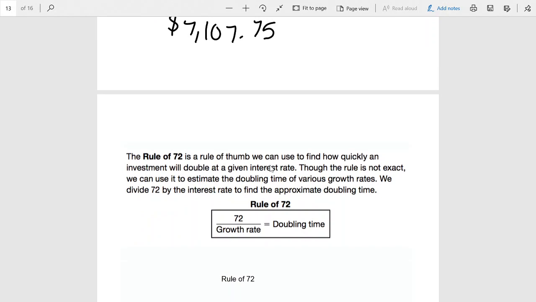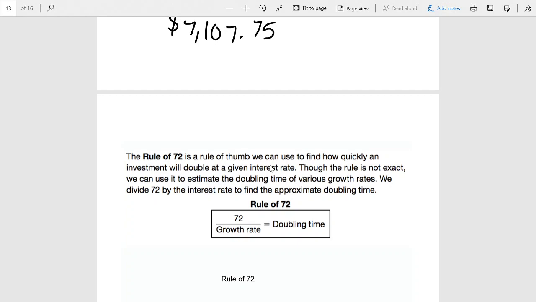Okay, now moving along, we use this rule of 72 as a rule of thumb to figure out how quickly something might double. How much time is it going to take for my $1,000 investment to turn into $2,000? Well, what the rule of 72 says is that if I take 72 divided by my growth rate or my interest rate, it gives me how many years it will take.